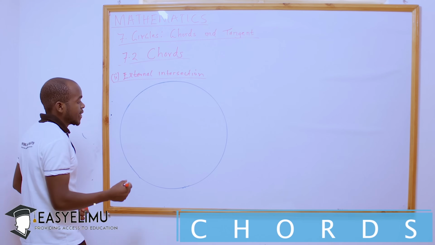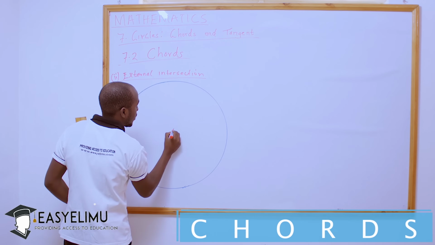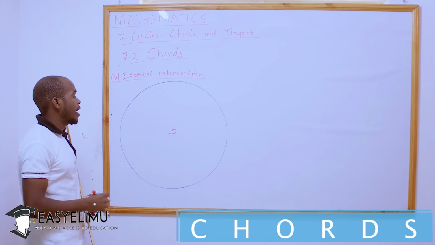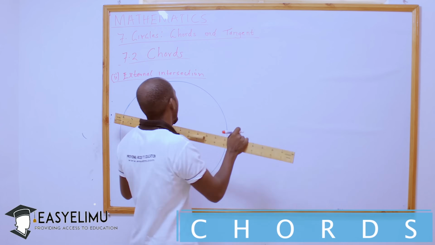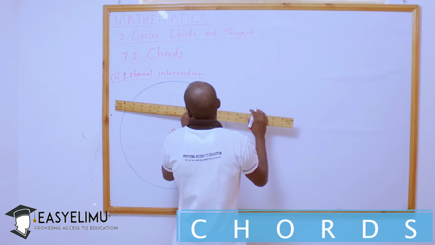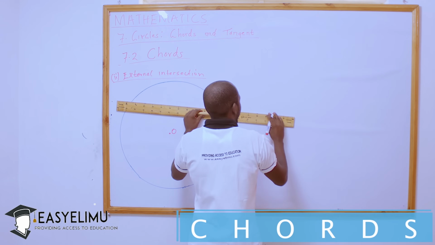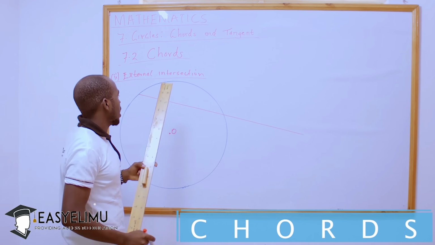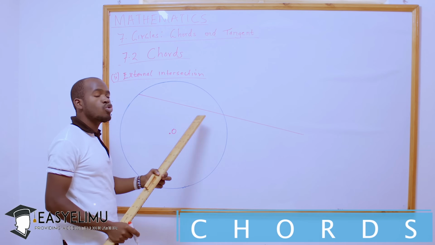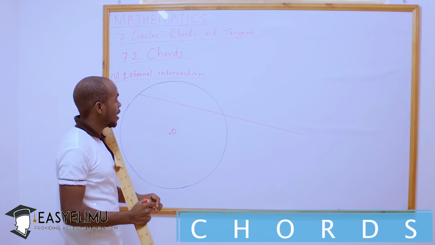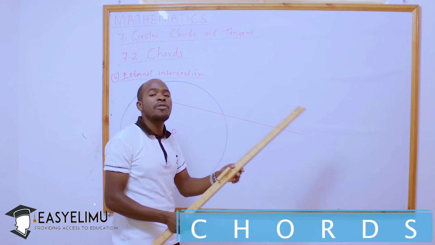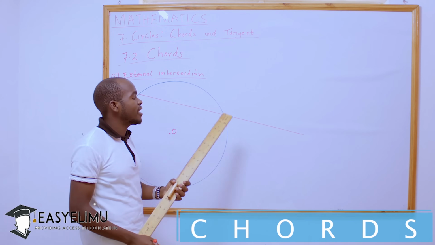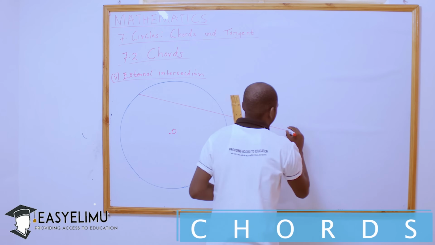So let's have a circle with the center O. I will construct two of the chords. We need to see external intersection. If you construct a line that touches two sides of the circumference of that circle and is still produced outside, then that line is referred to as a secant.